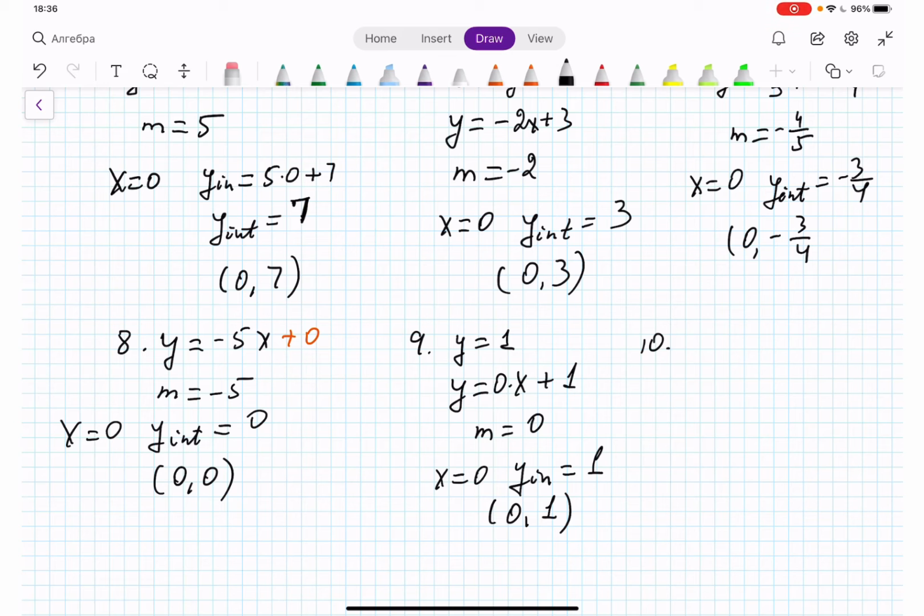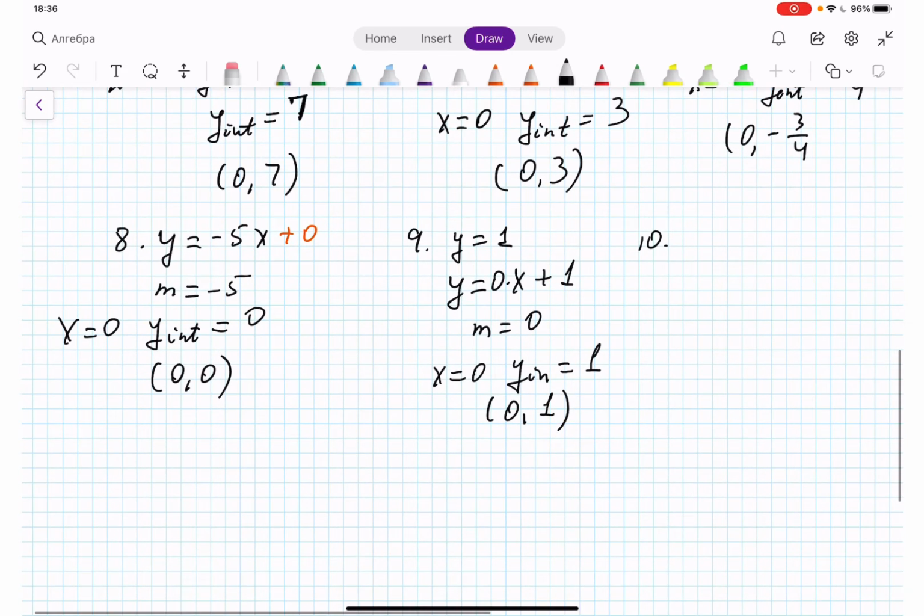Number 10. What do we have? We have the general form of an equation, which is 5x minus 3y is equal to 2. To be able to identify the slope and intercept, you cannot use this format. We need to get the form y is equal to mx plus or minus whatever. So let's solve it. Negative 3y is equal to negative 5x plus 2, dividing by negative 3.